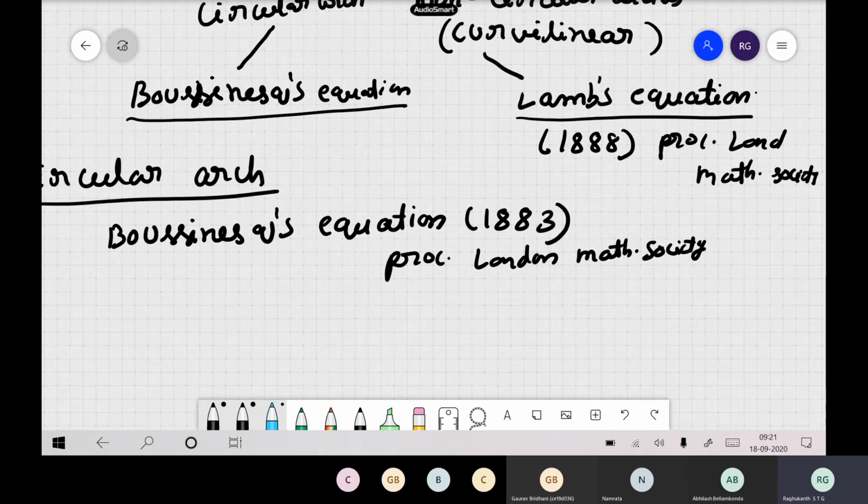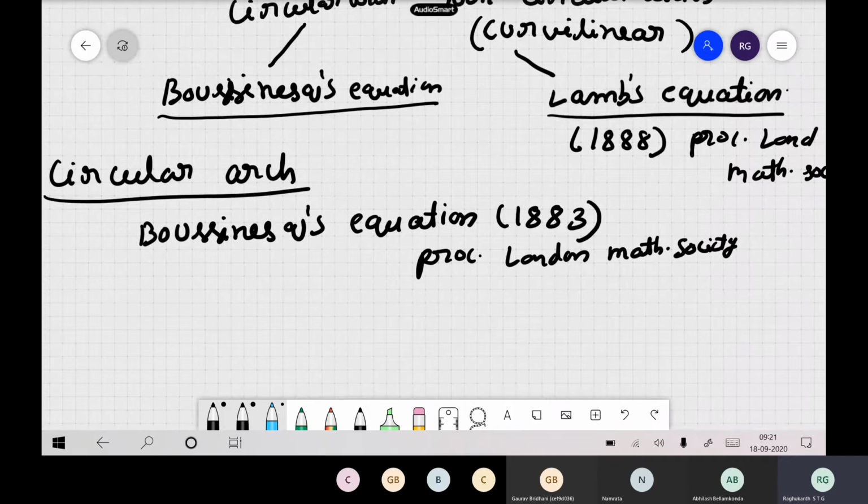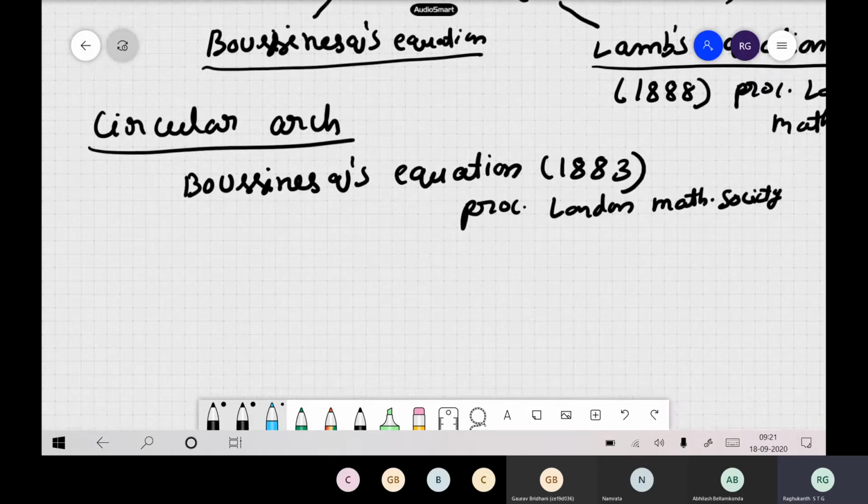Whoever used to do research used to publish in the Proceedings of the London Mathematical Society or the Proceedings of the Royal Society. Many Nobel Prize winners and Einstein's papers are also there in these journals. If you are interested, you can even go through these papers. I remember Greenhill's paper on self buckling was also published in those journals. Now let us see Bosnick's equation.